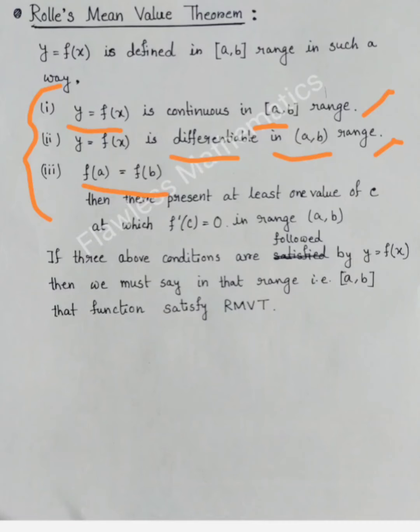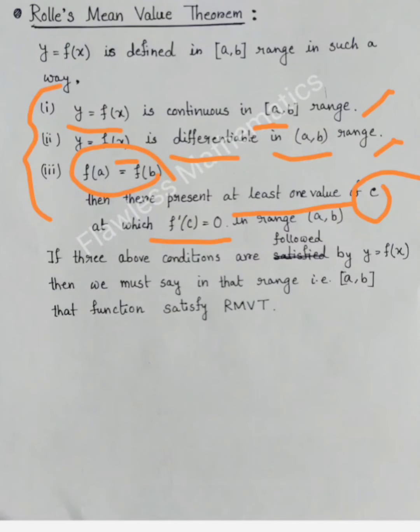Here we replace x equals a and here x equals b, and if f of a equals f of b, then there is at least one value of c, where c is a constant, at which f dash c equals 0 in the range a comma b.